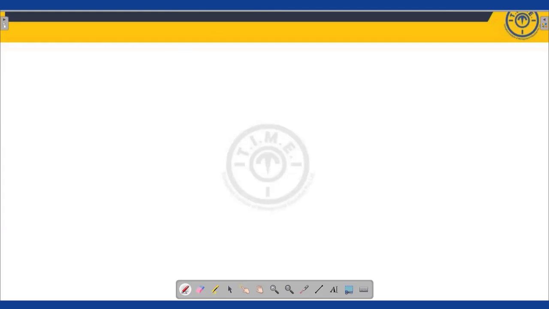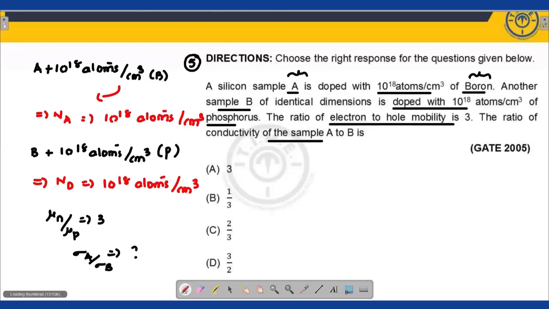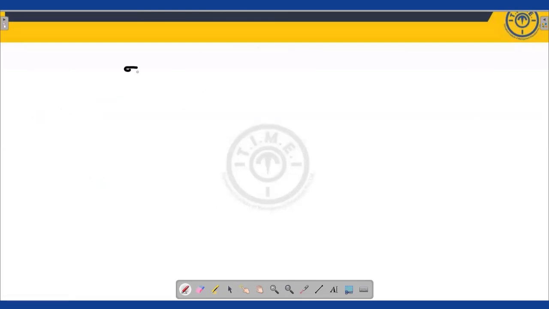Then we are going to solve it. So the ratio he has given is the conductivity of sample A to B.